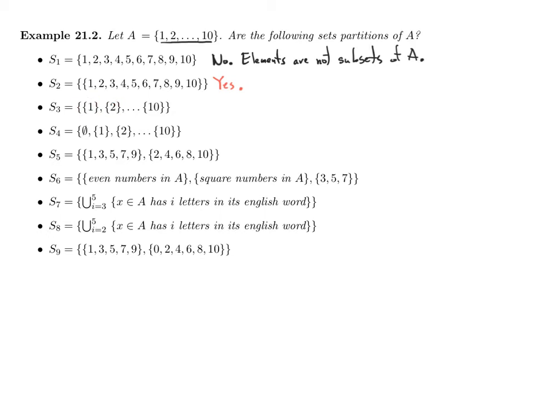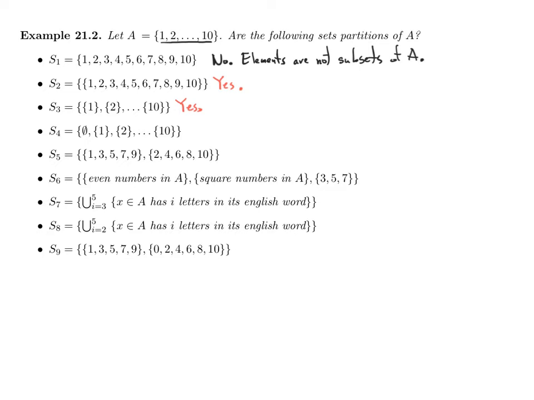This one has 2 in it. You have 3, 4, 5, 6, 7, 8, 9, and 10. Obviously, if you take the intersection of any of these, you get the empty set because they have no elements in common. That's great. And if you take the union of all of these sets, you get back 1, 2, 3, 4, 5, 6, 7, 8, 9, and 10. So this passes all 3 conditions. This is indeed a partition.